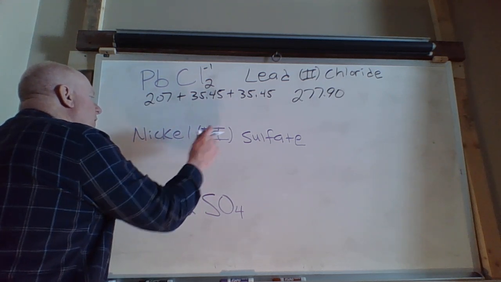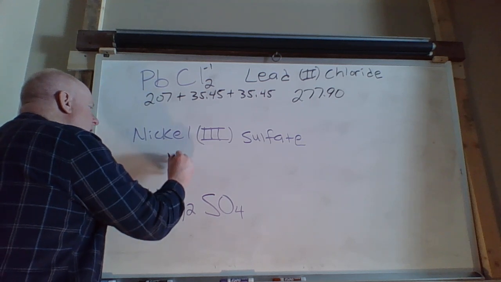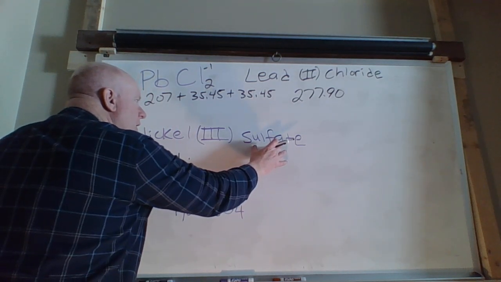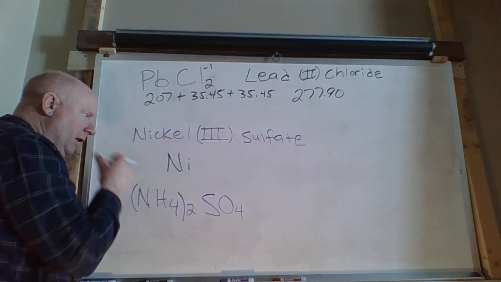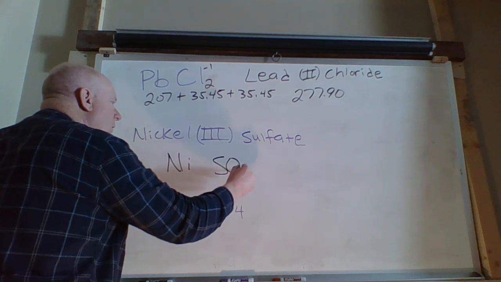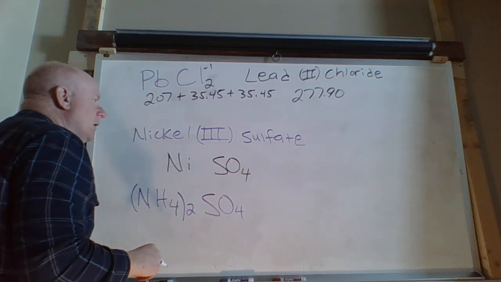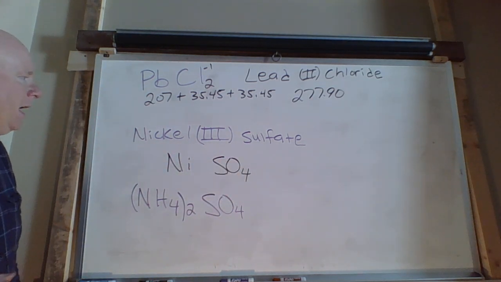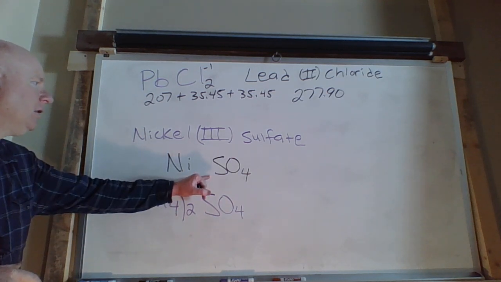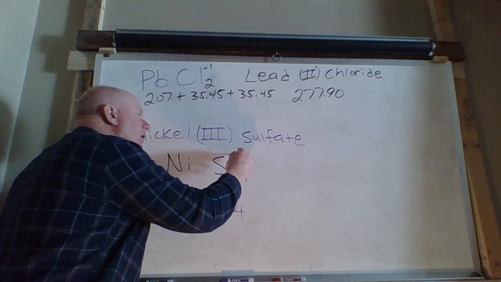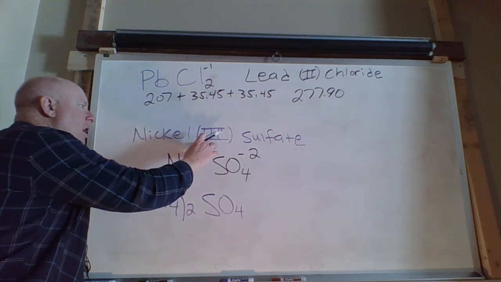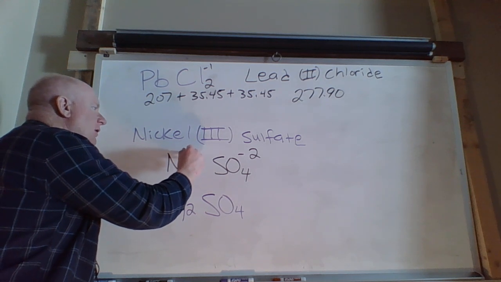Okay, so nickel has a symbol of Ni, and sulfate, what's the formula for sulfate? Well, it's down here. It's got that of SO4, and go by the negative charge, and that is sulfate, which has a charge of -2. And nickel, we don't have to guess, it's telling us it's +3.